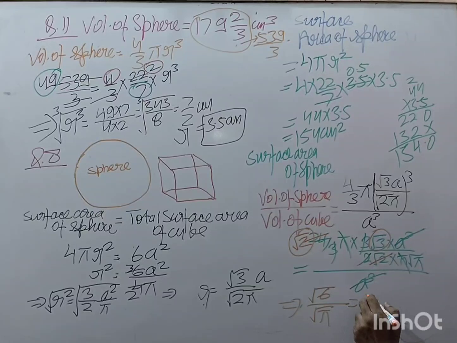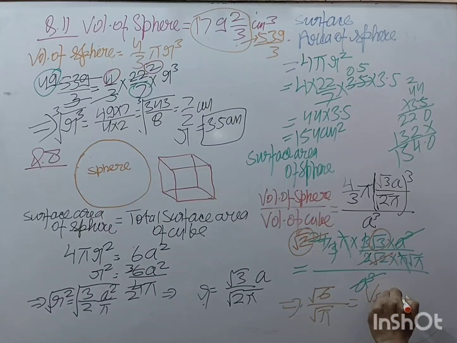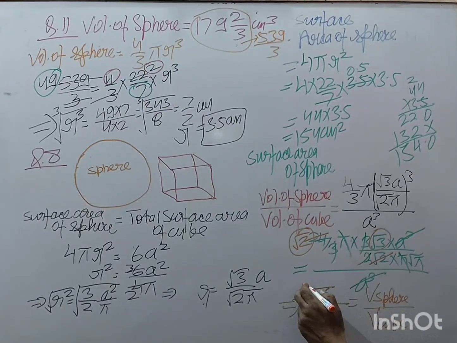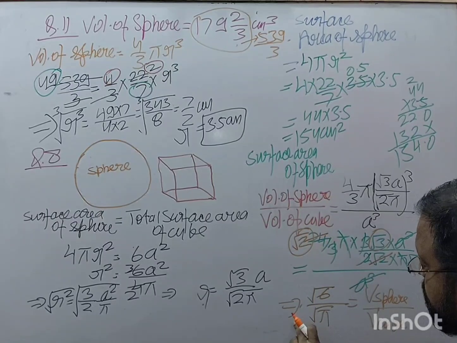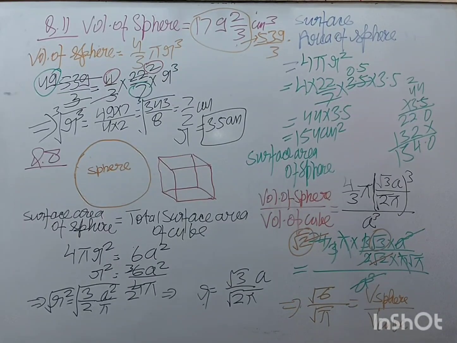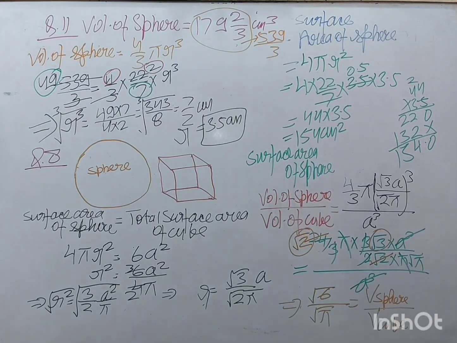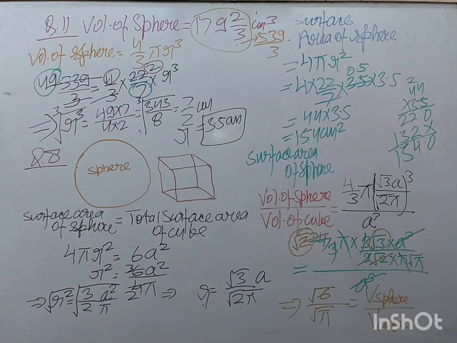So this is what we get, is equal to volume sphere upon volume cube. You get this? I hope you understand. Some calculations are very messy.